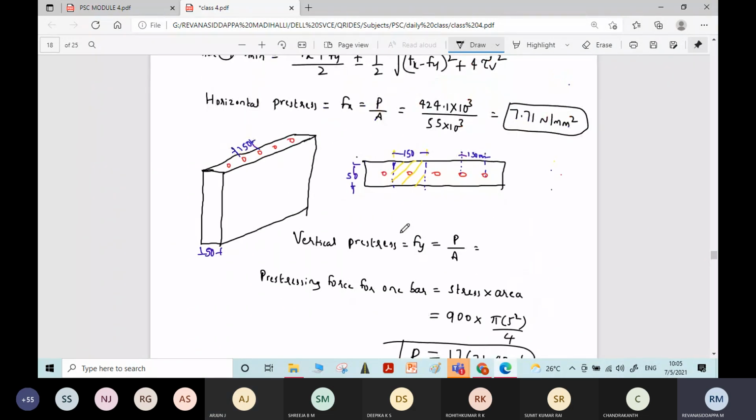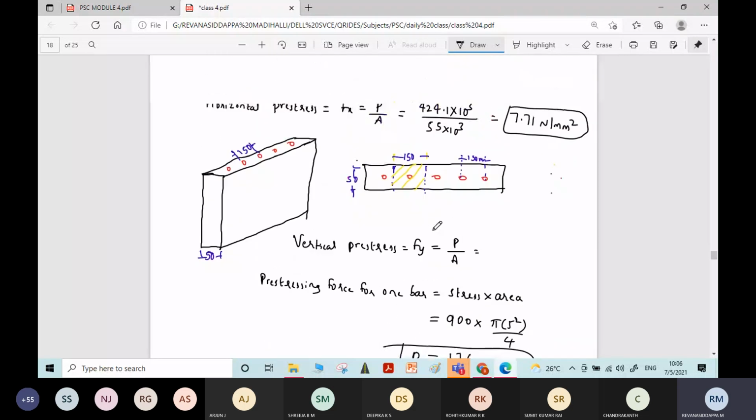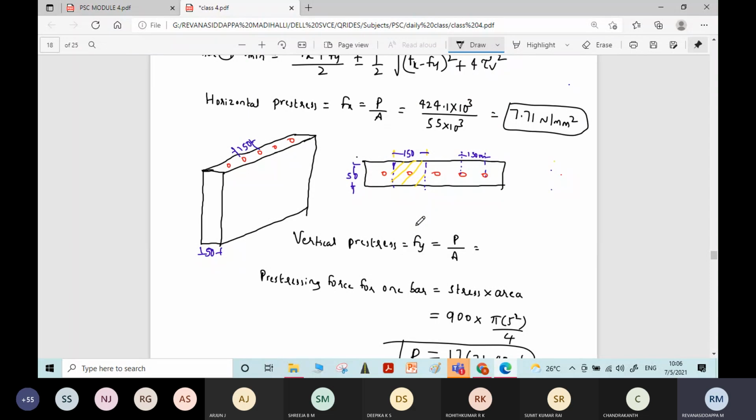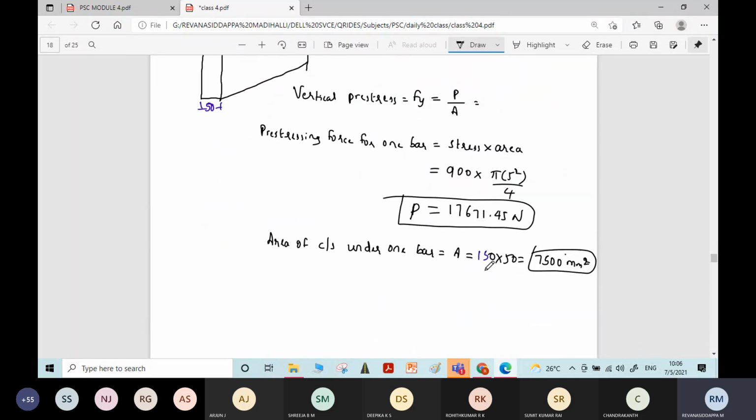What I have done to calculate the vertical pre-stress is I considered only 1 bar. Okay, the area of 1 bar I considered. The pre-stressing force in 1 bar I have calculated, and the area under 1 bar we have calculated, and the pre-stressing force for 1 bar divided by the area of cross section under 1 bar will give stress.